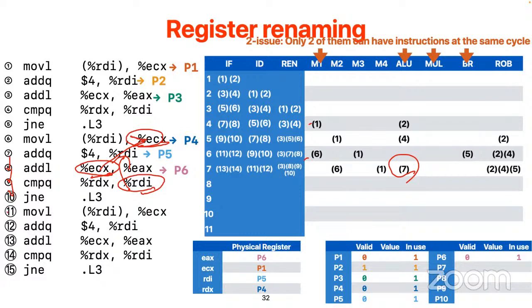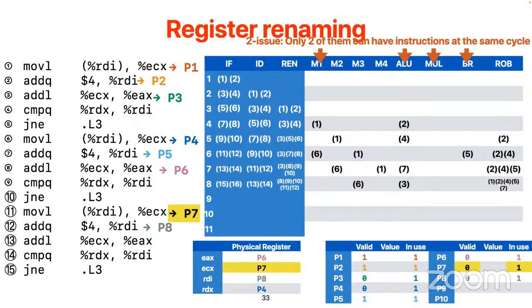So 3 and 9, we cannot execute 9 still, because we only have one ALU.